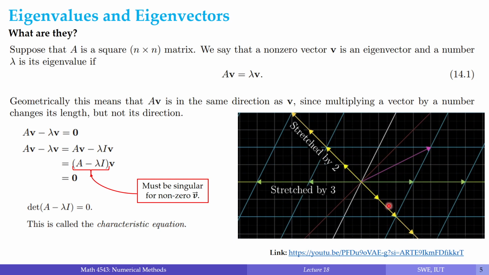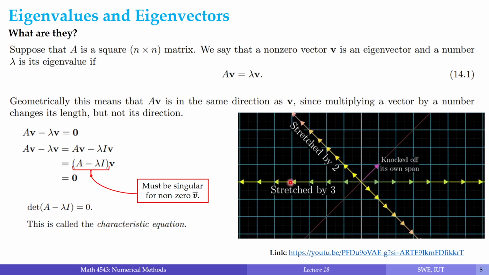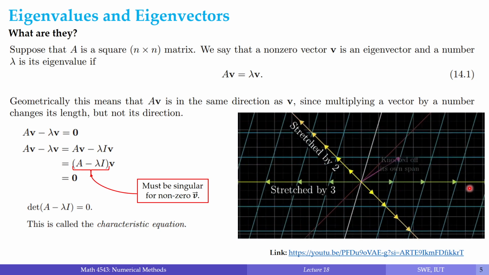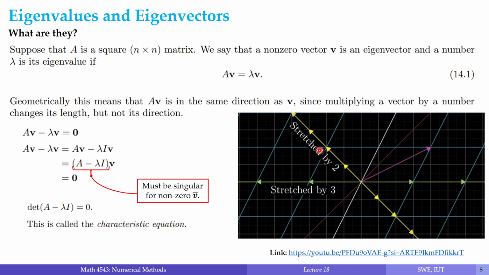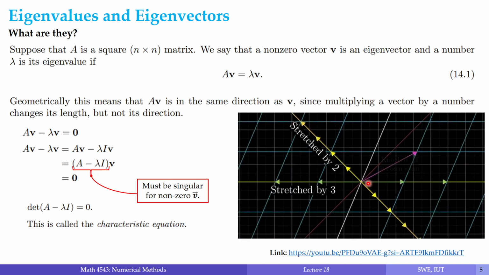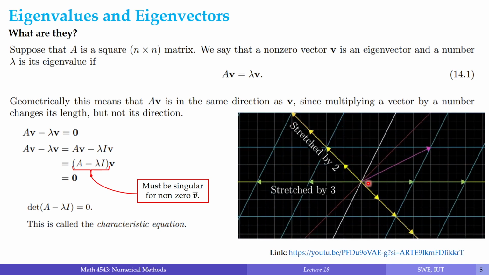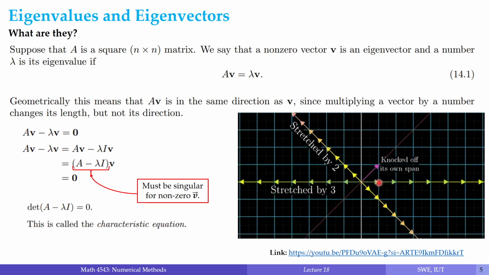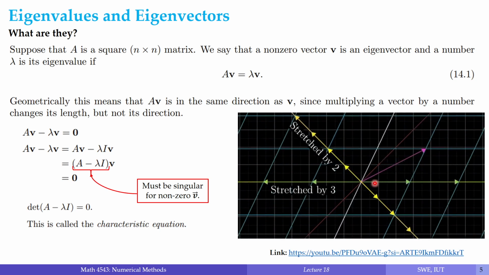But if you notice this set of yellow vectors and set of green vectors, there are an infinite number of such vectors, and they do not change their span. After undergoing the linear transformation, they are not changing their direction. They're only getting squished or stretched. In this particular example, they are all getting stretched.